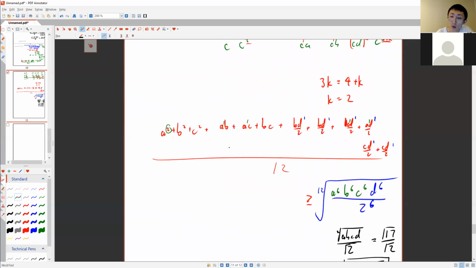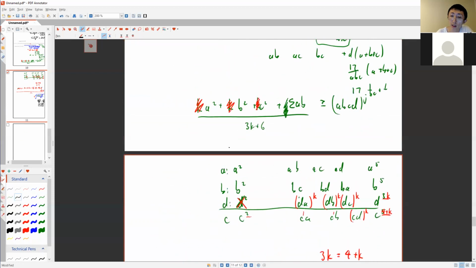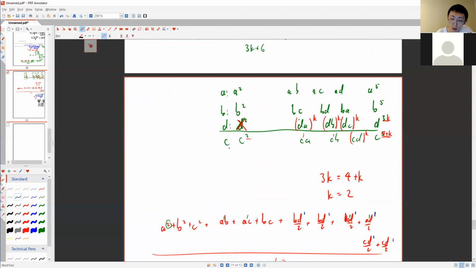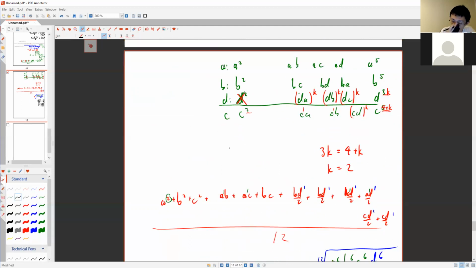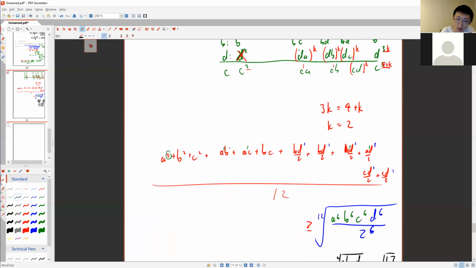So let's check that equality can be achieved, right? So we need all 12 terms to be equal. Is that even achievable? So A squared, B squared, and C squared equals AB equals AC equals BC equals BD over 2 equals AD over 2, and so on.